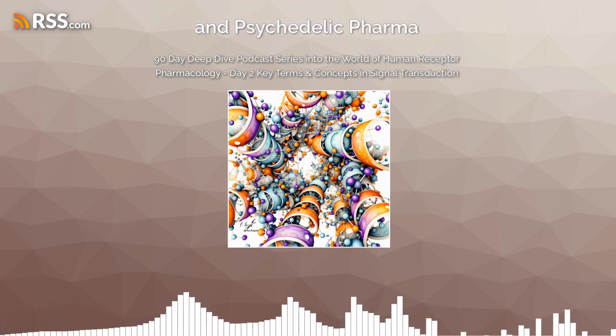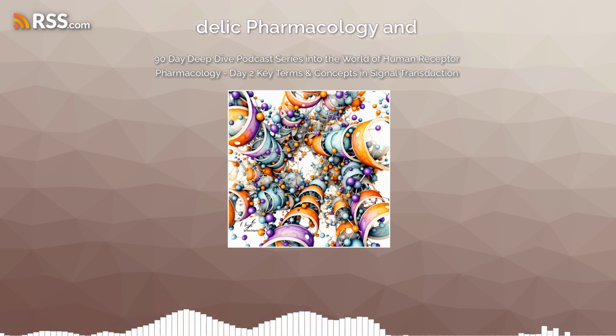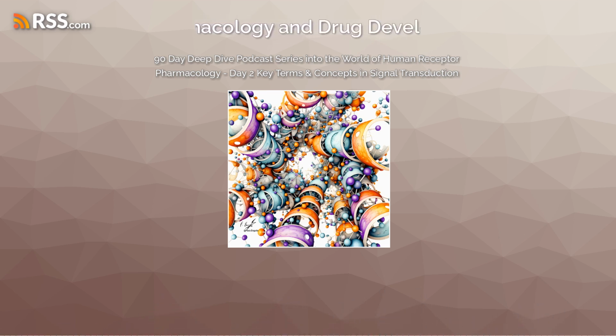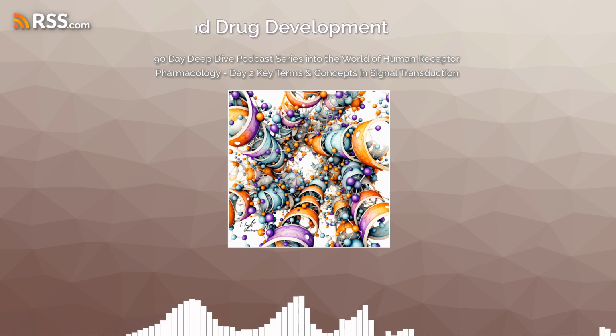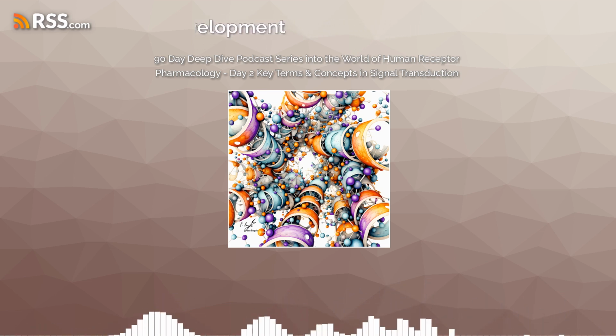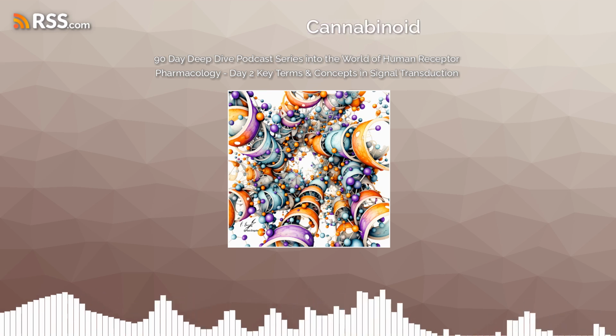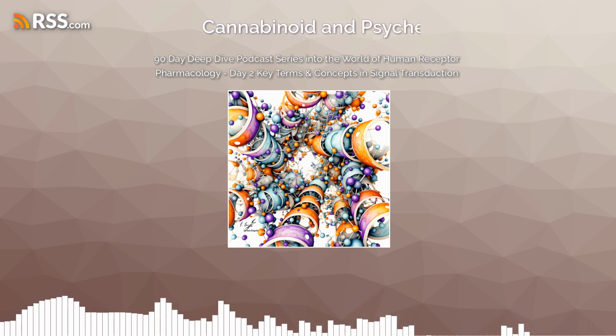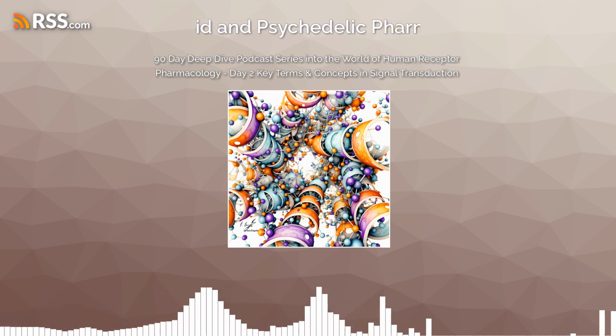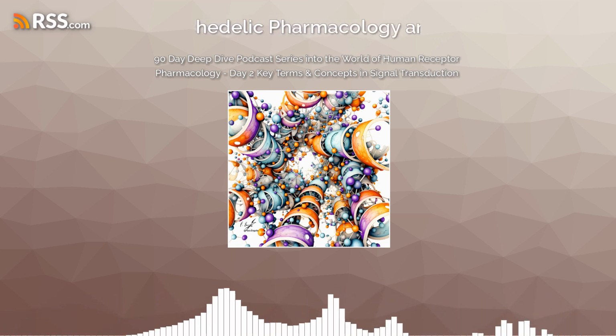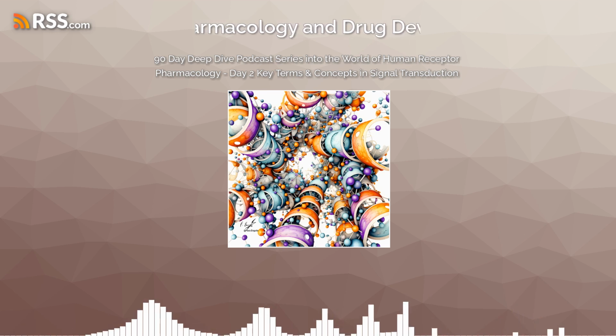Precisely, and it can vary between different receptors. Some have very low constitutive activity, while others have high constitutive activity. So if a receptor has high constitutive activity, it's like that light switch is always halfway on, even without a ligand. Exactly, and this can have some important implications for drug development.